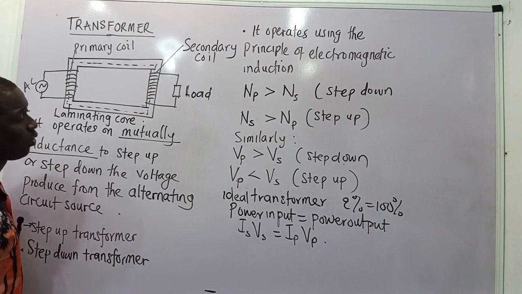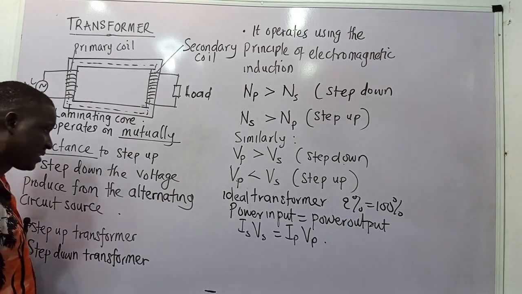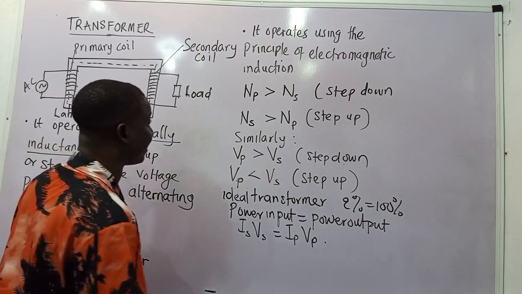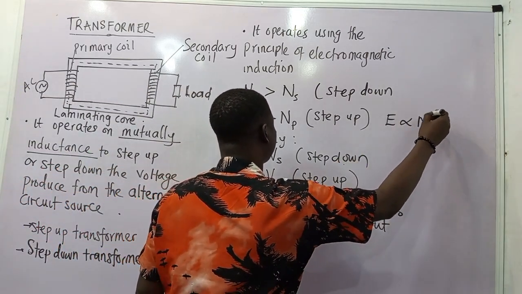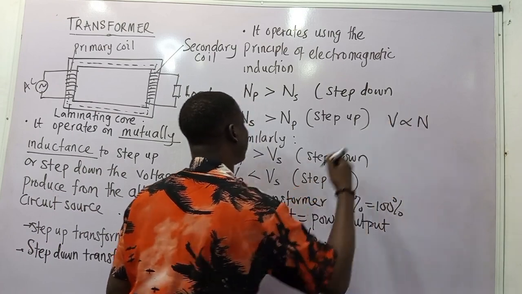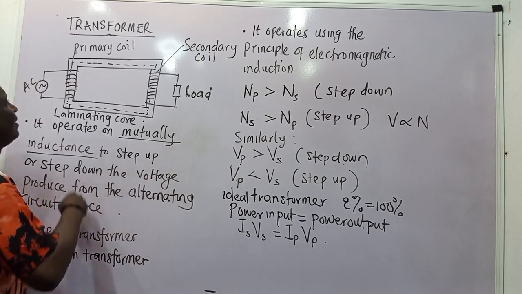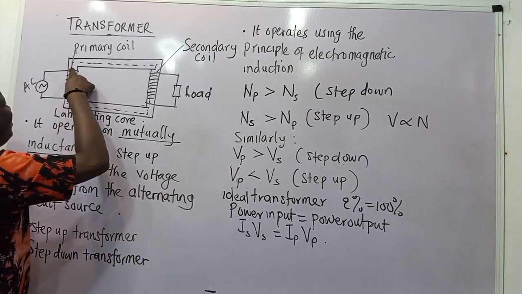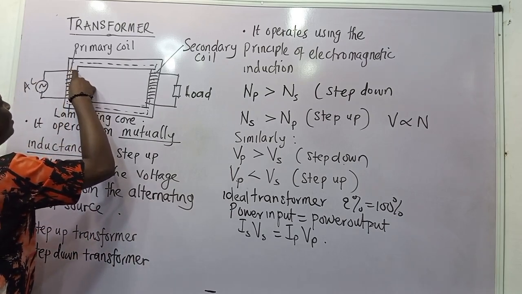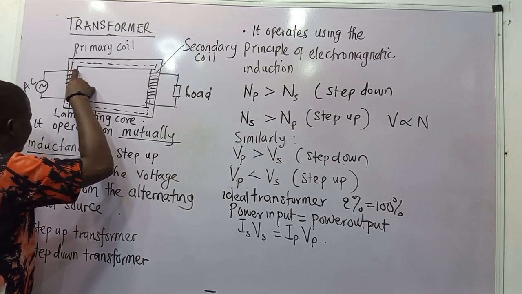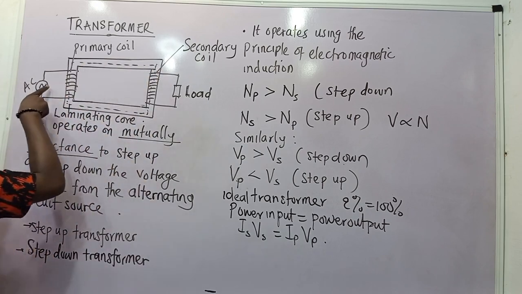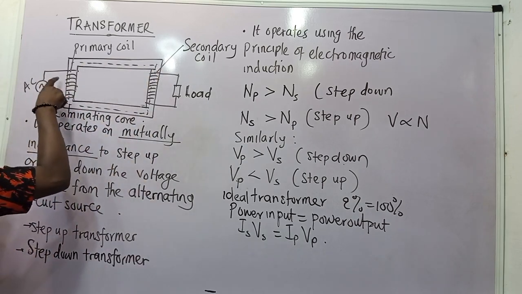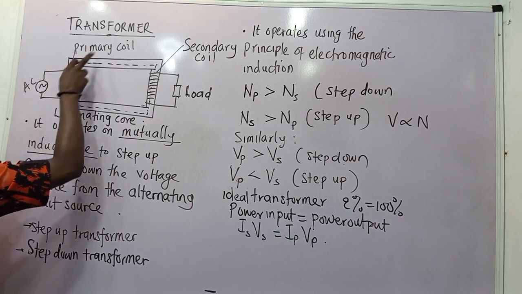So in this case, now, don't forget that E is proportional to N. V is proportional to N. That means the EMF that will be induced will be linking the secondary. That means there is a change that will occur from primary to secondary.